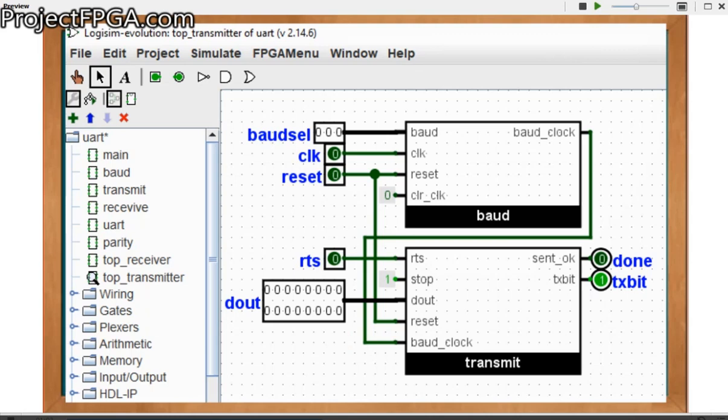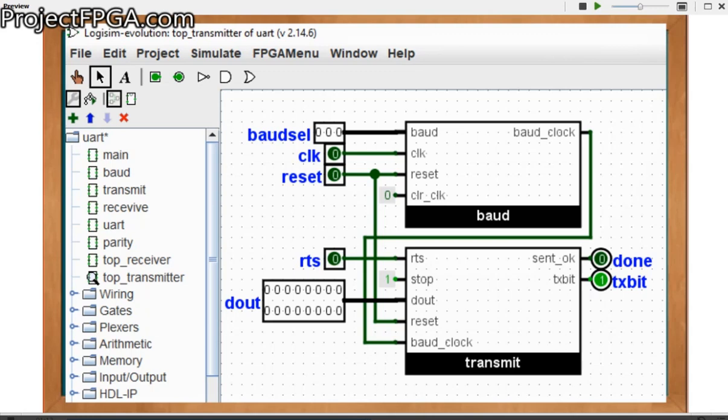The inputs to the transmitter are the DOUT signal, which is the data to be sent, and the RTS, or ready to send signal, which signifies the transmitter is ready for transmission and must be on for transmission to take place.